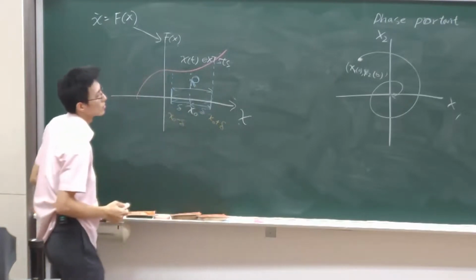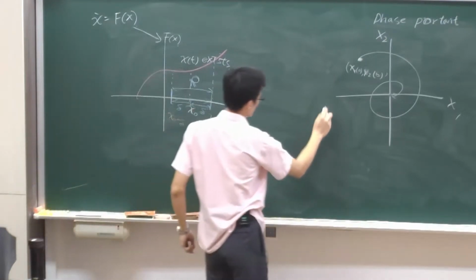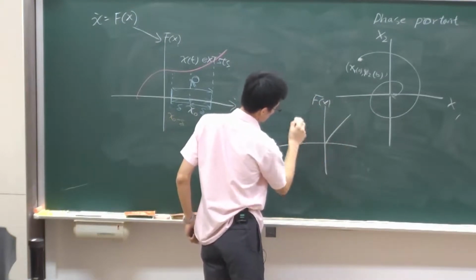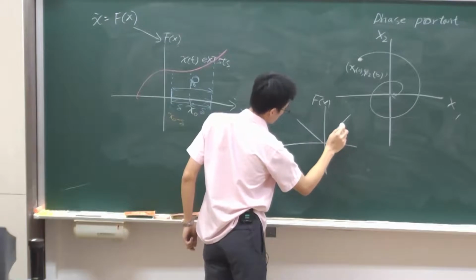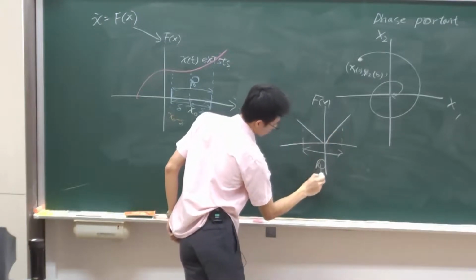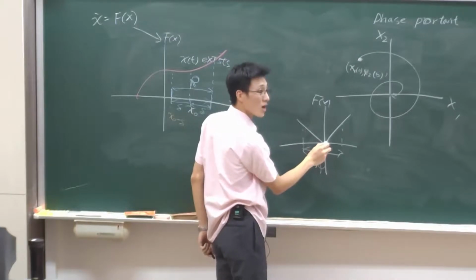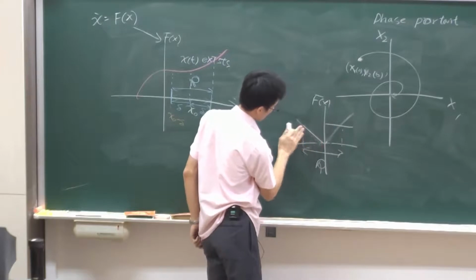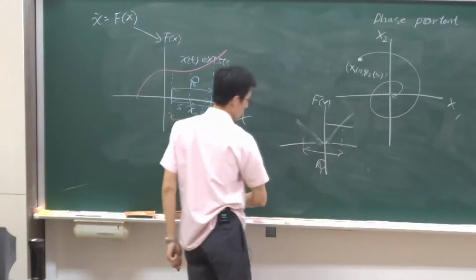Okay. So for the previous case, if this region is R, it's continuous. Maybe it is.